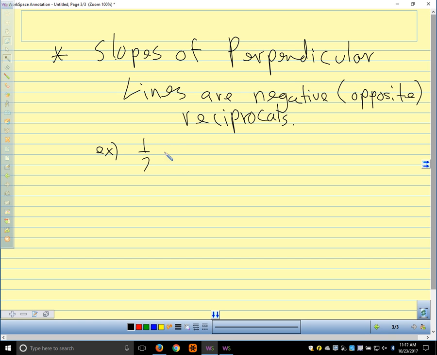If we have 1/2, what we do is we flip the fraction and we change the sign. Negative 2 over 1. Negative 1/2 and 2 over 1 are negative reciprocals. If we had negative 7/2, the negative reciprocal of this, flip the fraction, change the sign from negative to positive.